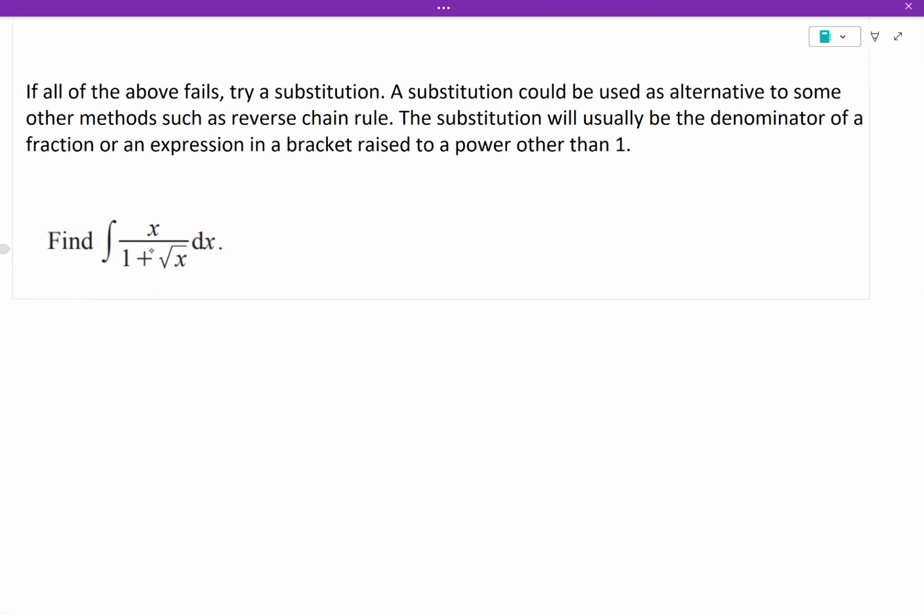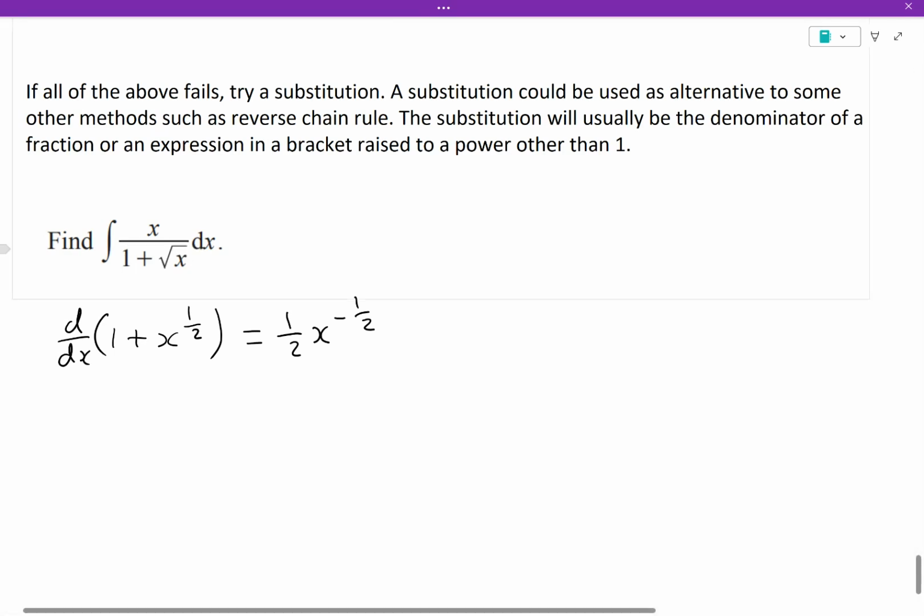Natural logarithm, well, if I differentiate my denominator, we've got a fractional power on the x because it's 1 plus x to the half. Once I differentiate that, I'm going to end up with a half x to the negative a half. Again, we've got x to the power of 1 in the numerator, so they're not numerical multiples of each other, so we don't have to worry about our natural logarithm.